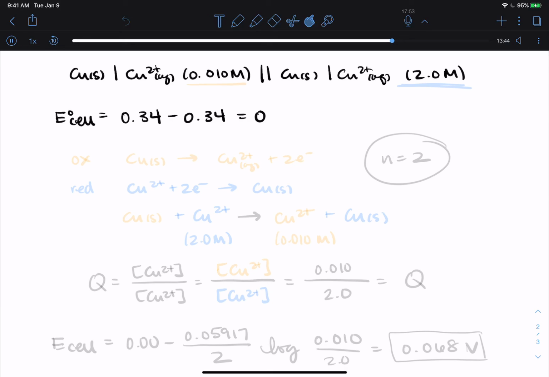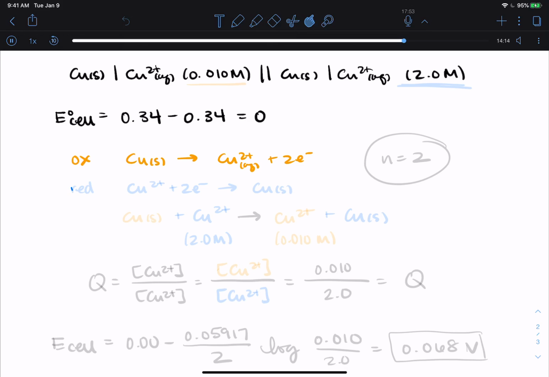And I'm going to do it in some colors. So the anode is oxidation. I'm just going to do it as an oxidation half reaction. The anode's losing electrons, so at the anode is where I have copper solid turning into copper 2+ plus 2 electrons.